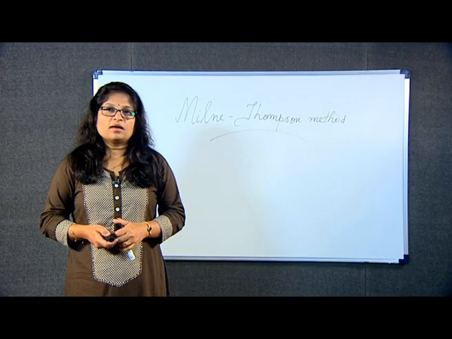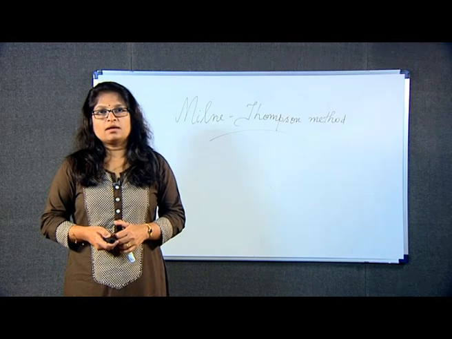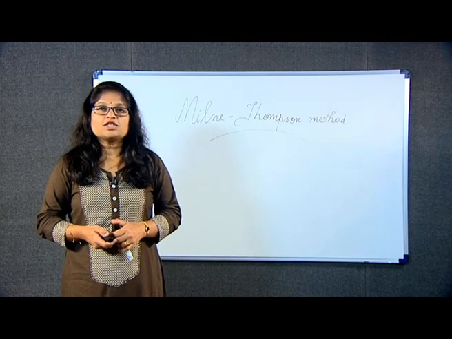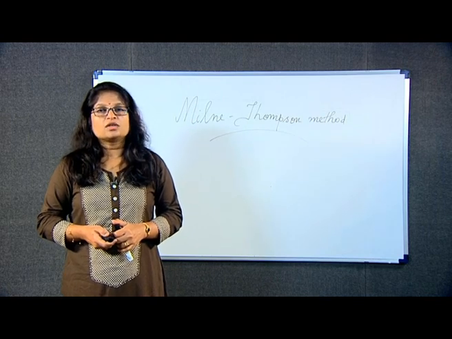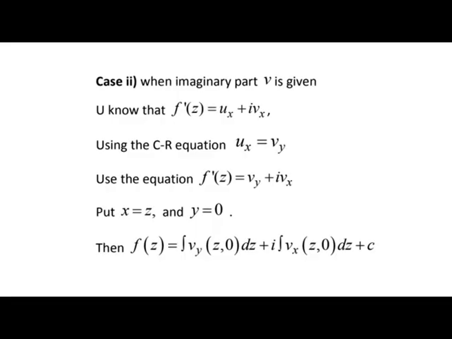Now, in the same way, I have to find f of z, but in this case, instead of u, v, that is the imaginary part of f, is given. So, how do I proceed? Here also the method remains the same, but since v is in your hand, you find its first order derivatives vx and vy, and now instead of using ux minus iuy as in the earlier case, here I use the corresponding formula with the partial derivatives of v.